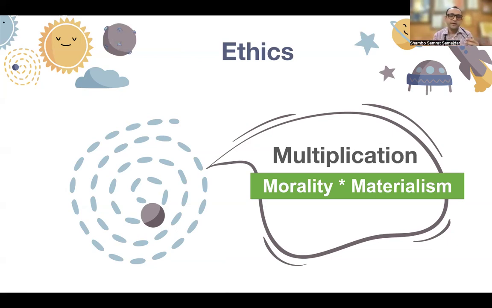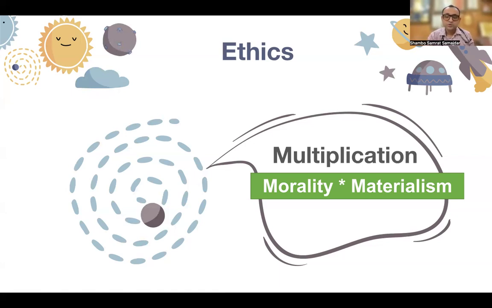So that also makes the ethics equal to 0, because morality multiplied by 0 is equal to 0. So ethics will be 0. Now a question arises. Yes, we can assess the materialism. There are multiple tools by which we can understand whether I am talking good science or bad science. But how can we understand morality? Is there any simple rule?